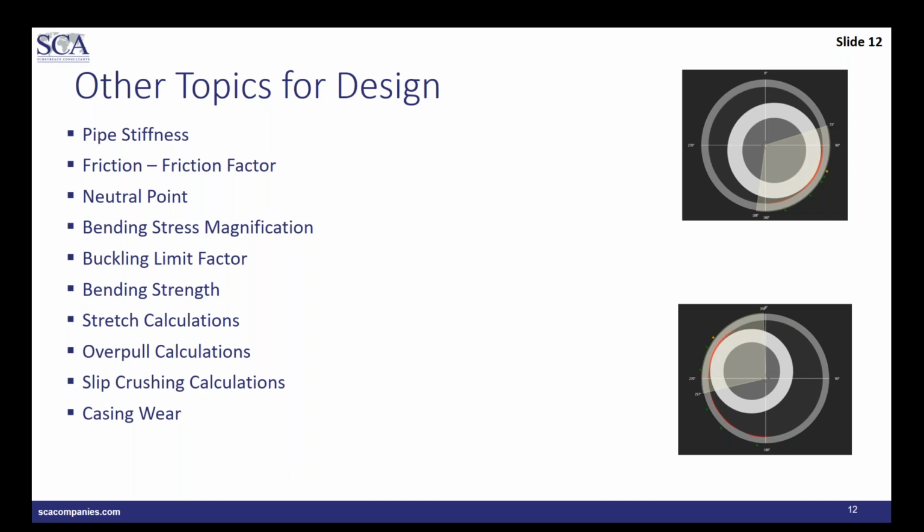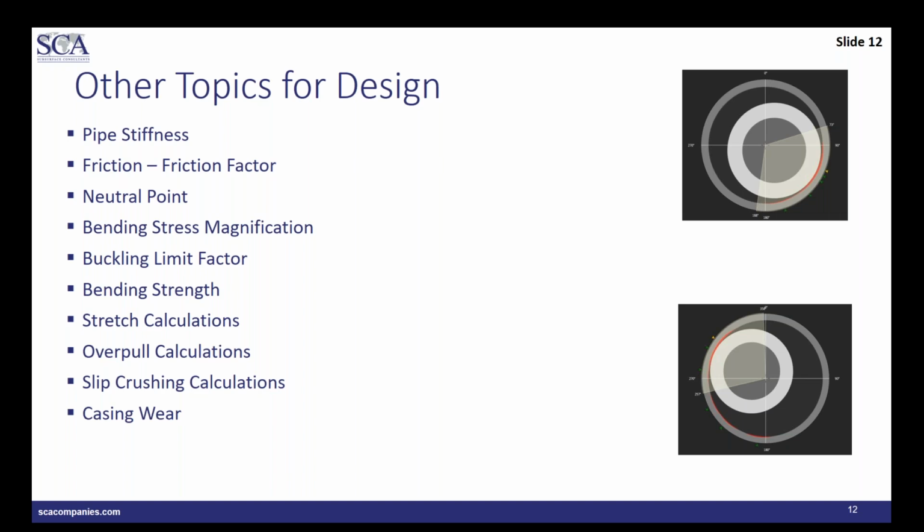Then the bending stress magnification factor: when we use a soft string, do we need to use it? Or when do we use it if it is a stiff string mode? So these are the conditions that we need to clearly understand when we use the bending stress magnification factor. Then it comes to the buckling limit factor. Buckling is one of the complex tubular post-buckling processes that we see, that we need to understand clearly.